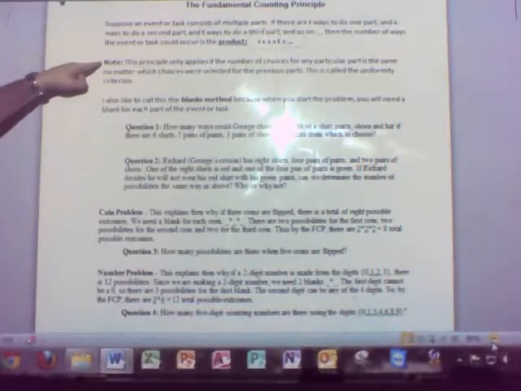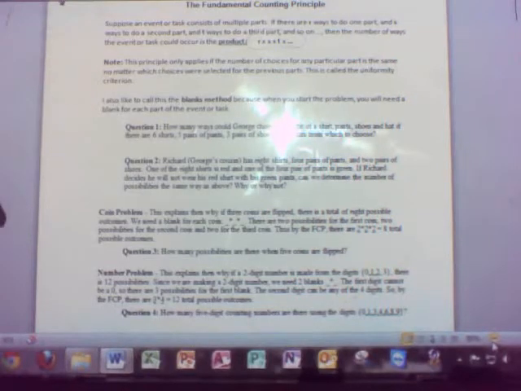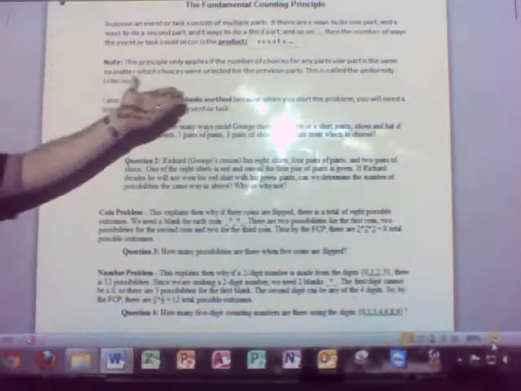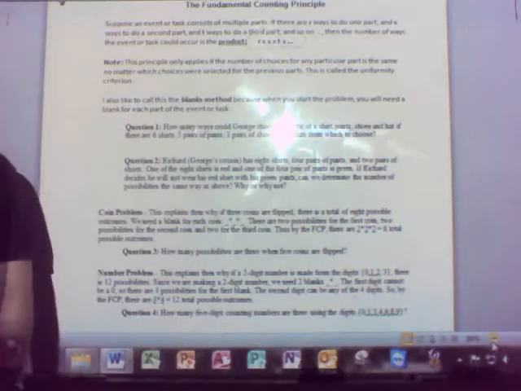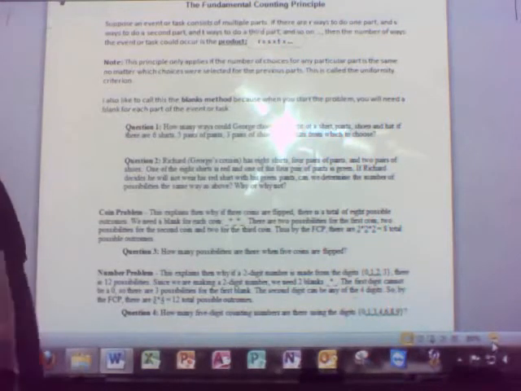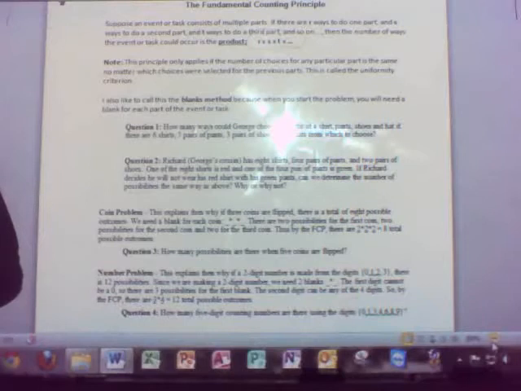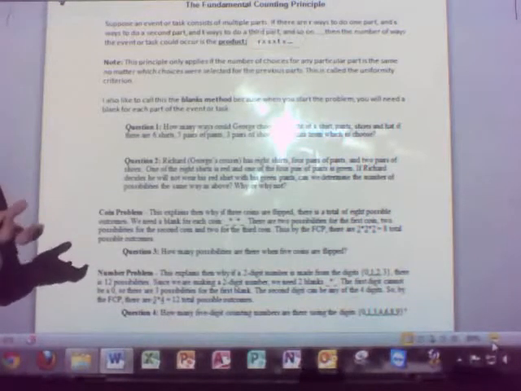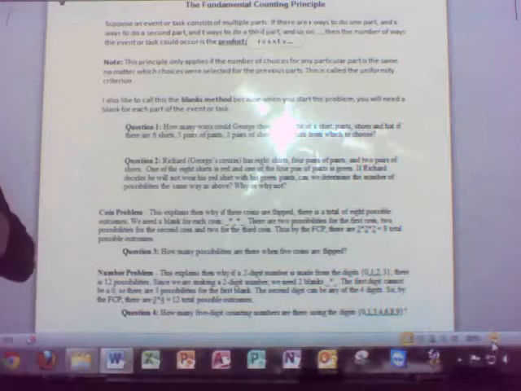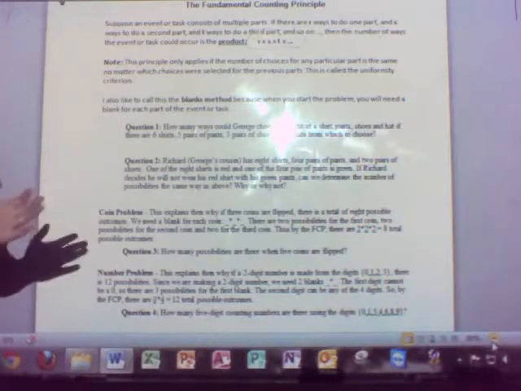Now, there's this little special note. This principle only applies if the number of choices for any particular part is the same no matter which choices were selected for the previous parts. This is called the uniformity criterion. In other words, back to George's example, if for one of the shirts he didn't have 3 possibilities for pants, this wouldn't work, at least not directly.